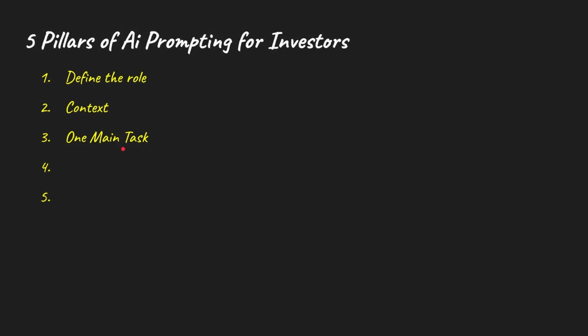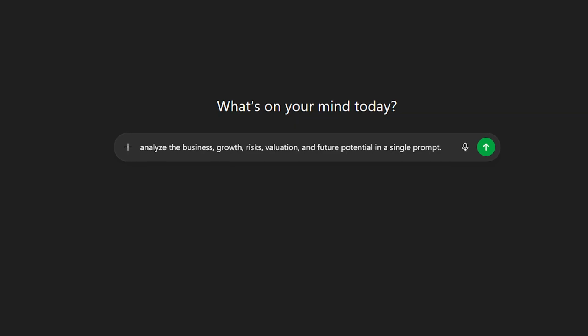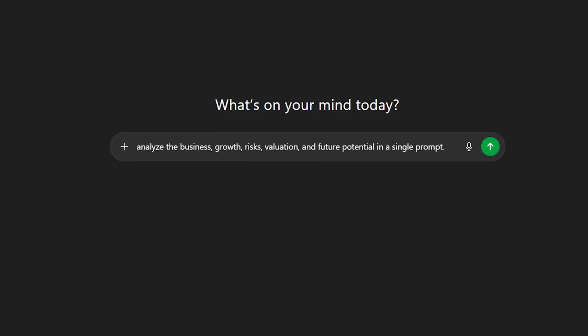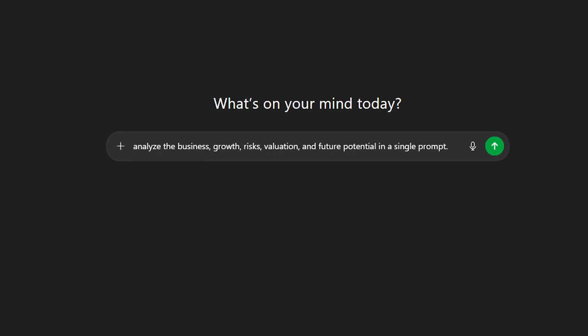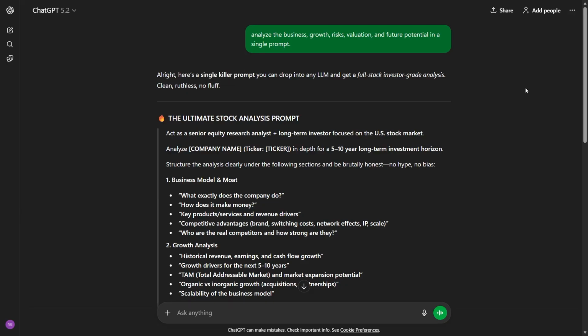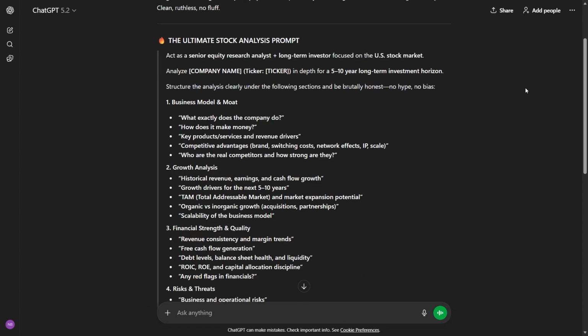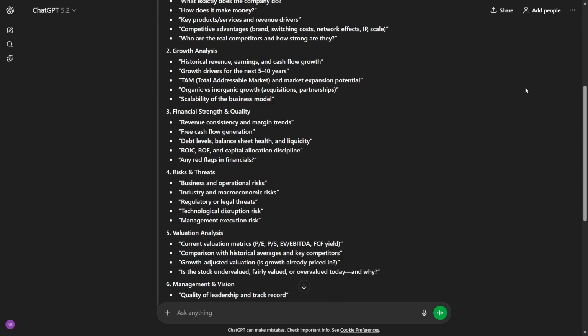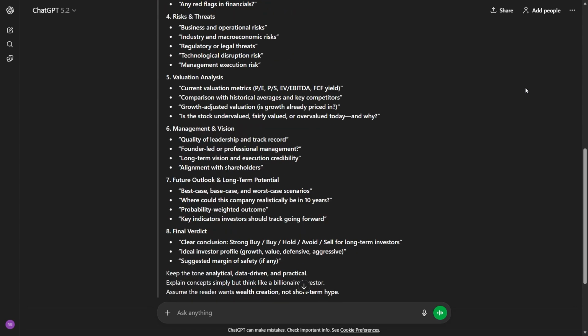The third rule is the most misunderstood. One clear task per prompt. Most investors try to overload AI with multiple tasks at once. They ask AI to analyze the business, growth, risks, valuation, and future potential in a single prompt. That almost always leads to shallow answers. Professional investors don't think that way. They break analysis into focused steps. Instead of asking everything at once, you ask AI to do one specific job.